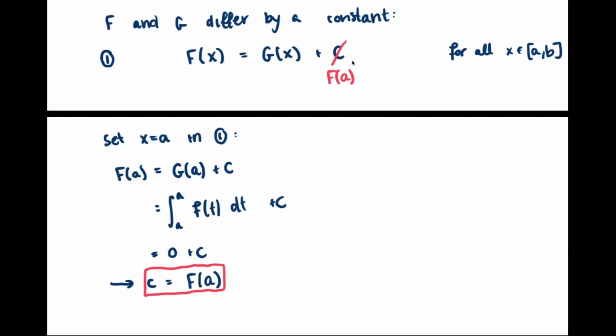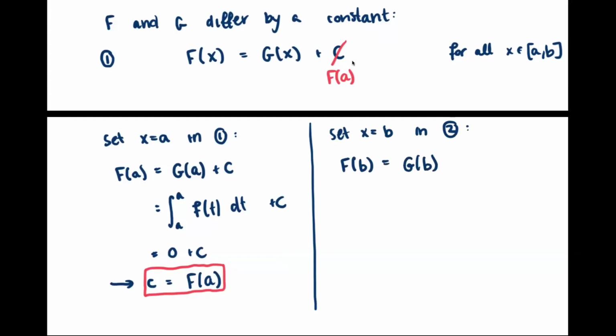Okay, now I'll go back to equation 1 and plug in x equals b. I'll just do this on the right portion of the screen here. So I'm going to set x equal to b in equation 2. Then I get F of b is equal to G of b plus F of a. Now let's write out what G of b is.